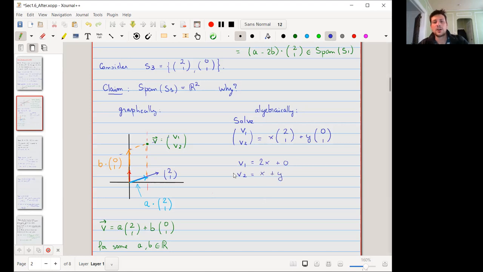Now, this is a linear system of equations, and these are two lines, L1 and L2. It's not difficult to check that the two lines have different slopes. And if two lines have different slopes, then they must intersect.